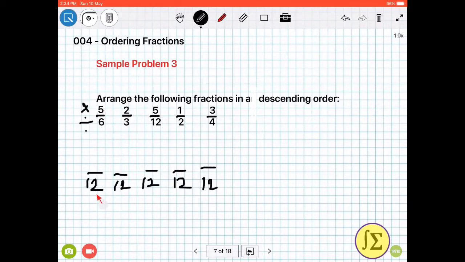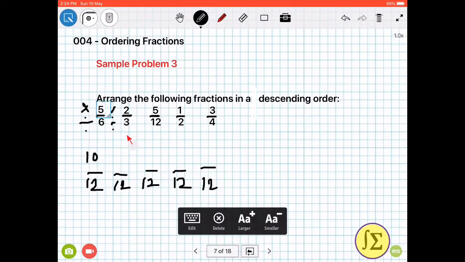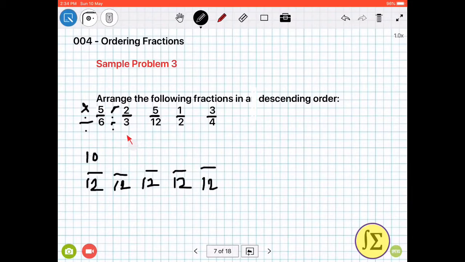Let's do that. 12 divided by 6, you get 2, and then you multiply 2 with 5, so you get 10. We're going to do the same thing for 2 over 3. 12 divided by 3, you get 4, multiply with 2, you get 8.